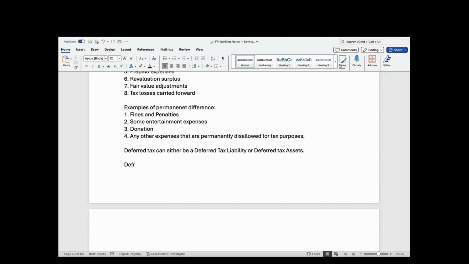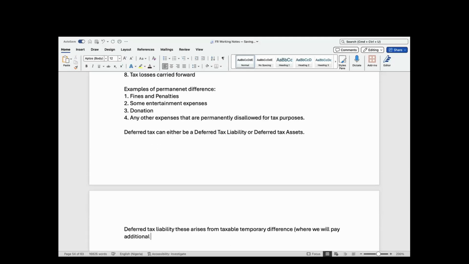And from the name, deferred tax liability arises from taxable temporary difference, where we will pay additional taxes in the future.